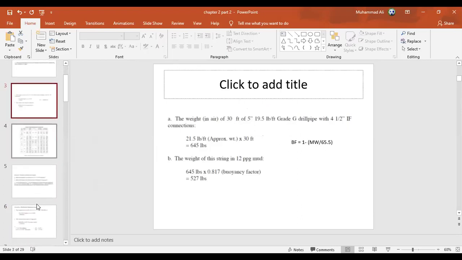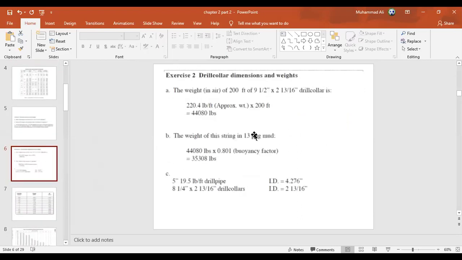Using this formula, we find the buoyancy factor here is 0.801. The original weight in air was 44,000 pounds, but because the drilling fluid is supporting the weight, the weight now becomes 35,308 pounds. This is the one.